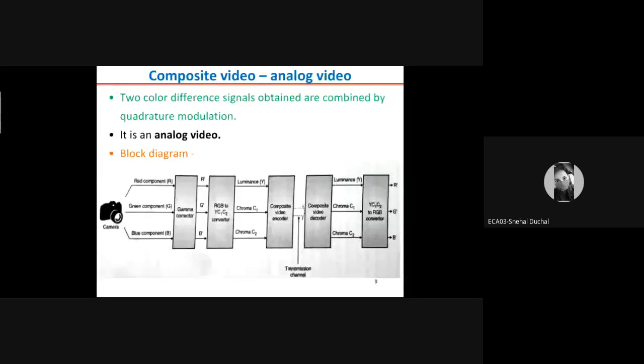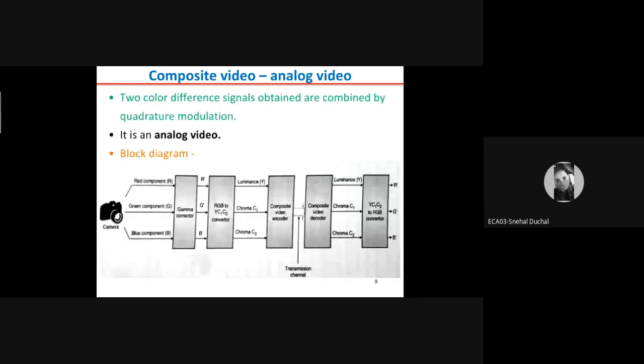When we consider a video, we have to store the video in a particular memory device. In order to transmit the video from one place to another, we require various wire connections.